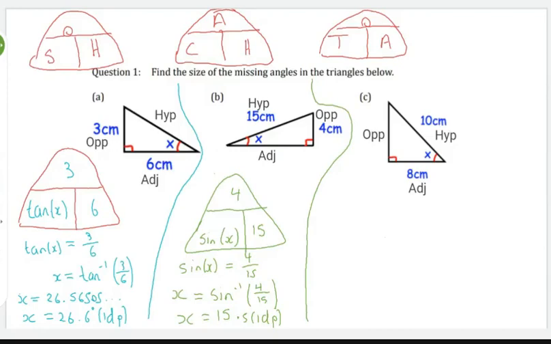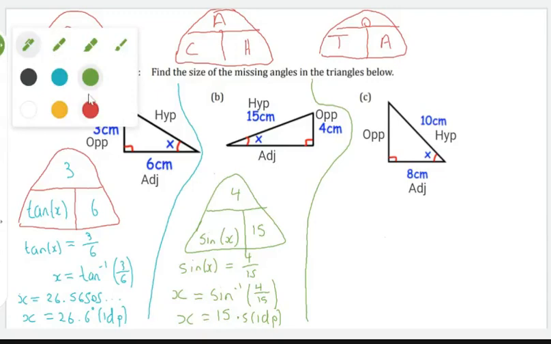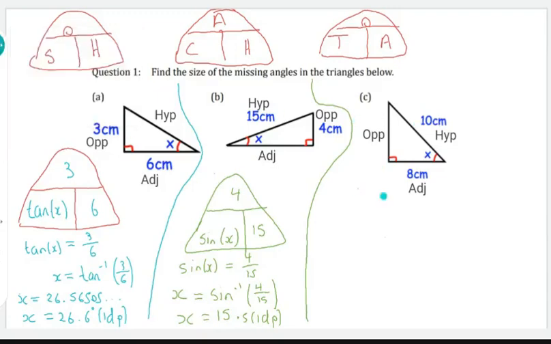So we've got the adjacent and the hypotenuse. So which one has both the adjacent and the hypotenuse? That's going to be cos.